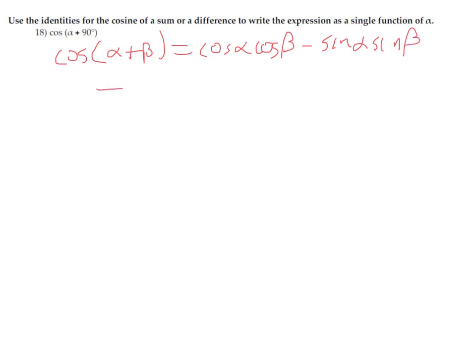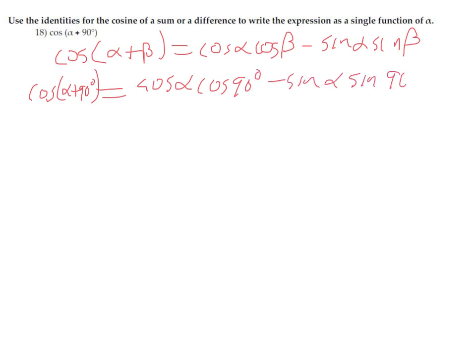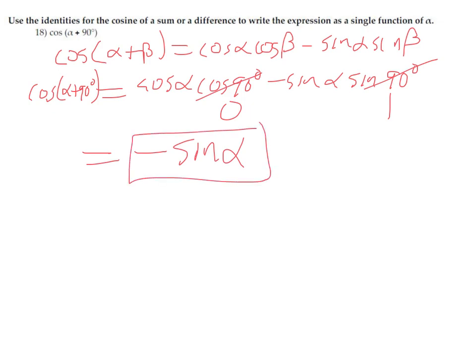So this would give us cosine of alpha plus 90 degrees would be cosine alpha, cosine 90 degrees, minus sine alpha, sine 90 degrees. Now sine of 90 degrees is 1. Cosine of 90 degrees is 0, so we get minus sine alpha. And that completes this problem.